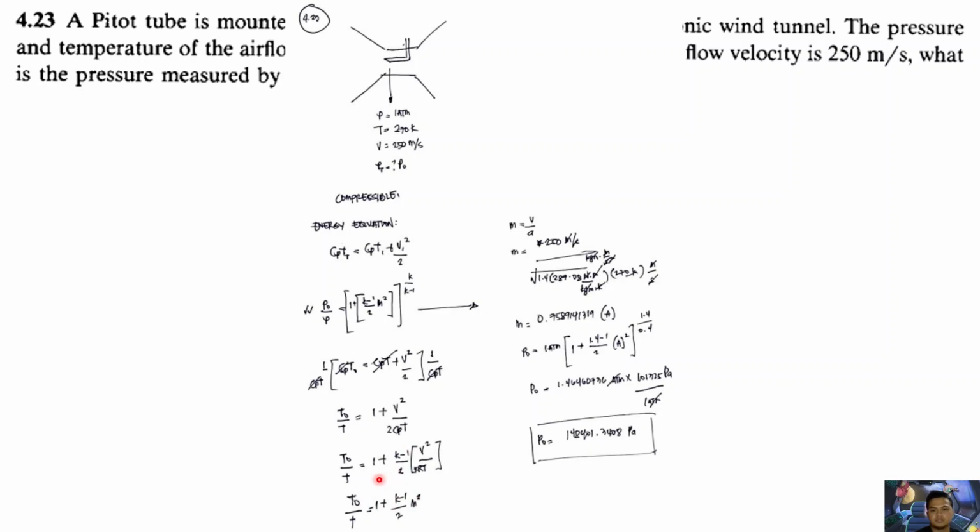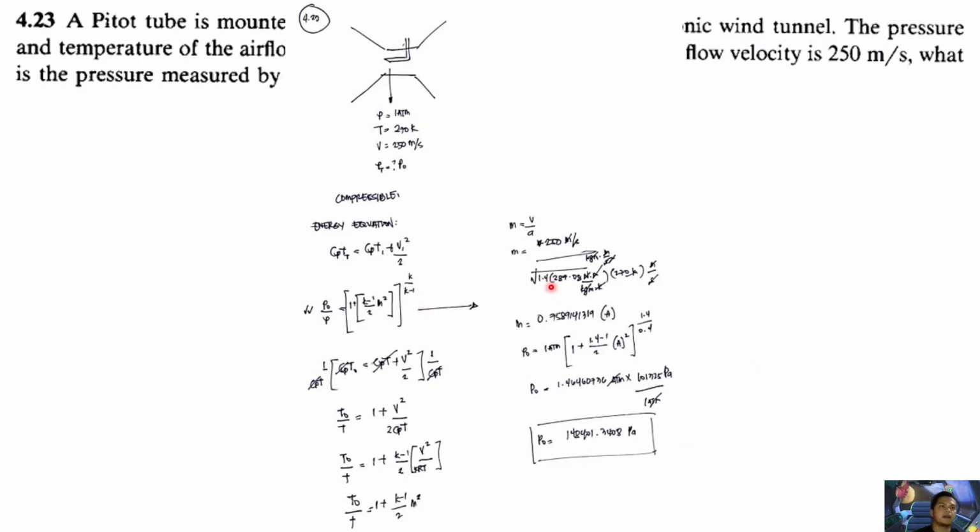That's why there is K minus 1 over 2 times V squared over KRT. And KRT is what? A squared. So V over A is the Mach number. And then the equation we derived, we just relate it to the isentropic flow properties or relationship.